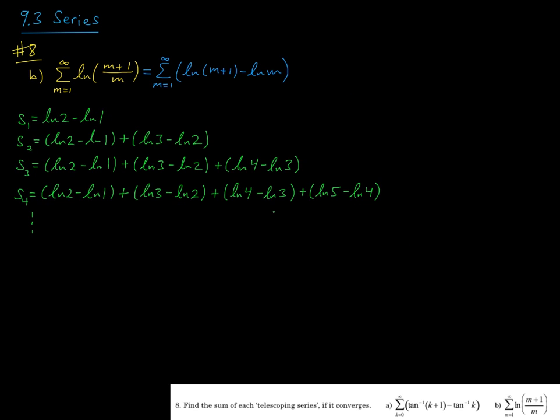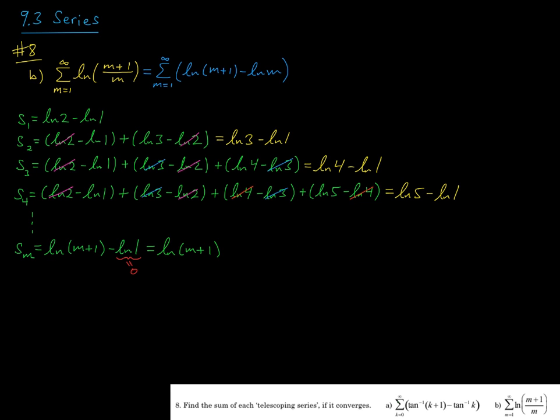All right, so now writing out the first few partial sums, I see cancellation that's really similar to what we saw in part A. So for S2, we're going to lose the log 2, leaving us with log 3 minus log 1. For S3, we lose log 2 and we lose log 3, leaving us with log 4 minus log 1, so on and so forth.